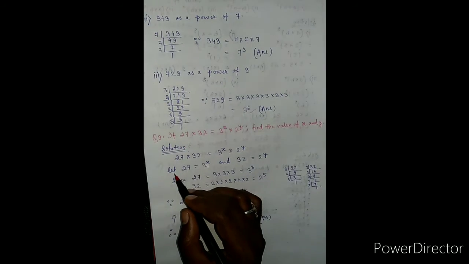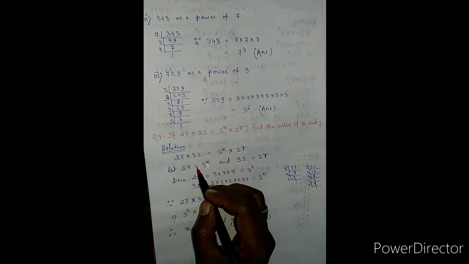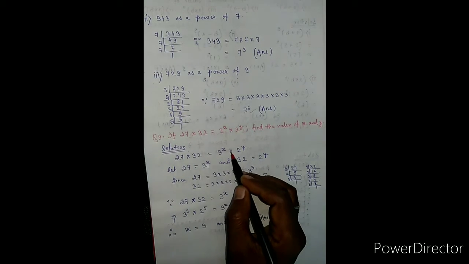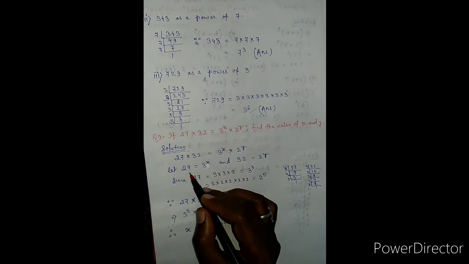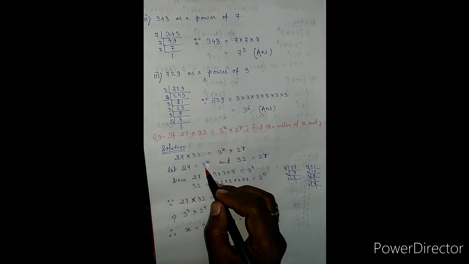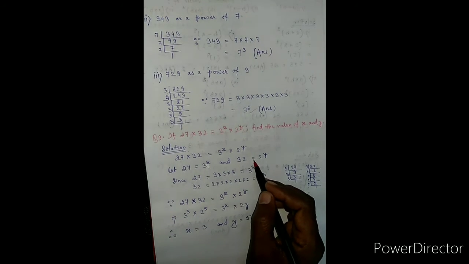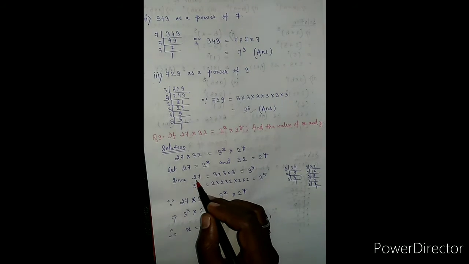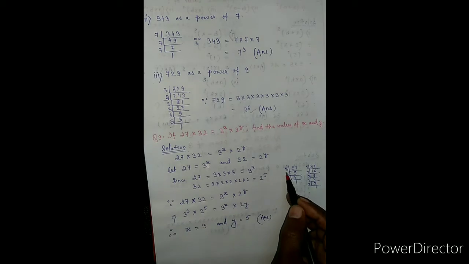Now see, the question is given. So let 27 be equal to 3 to the power x, and 32 equal to 2 to the power y. Now factorize 27 and 32. 27 divided by 3 is 9, 9 divided by 3 is 3, 3 divided by 3 is 1.